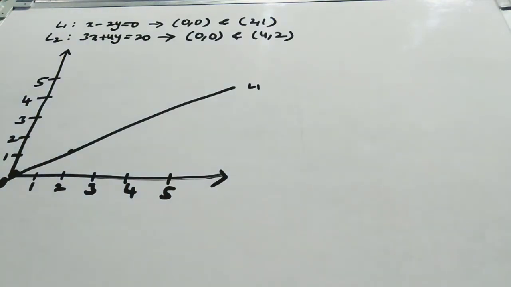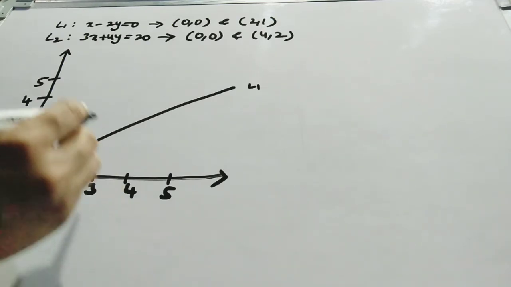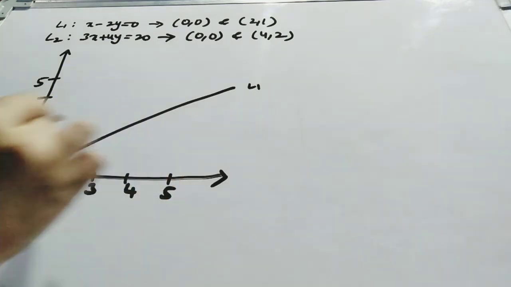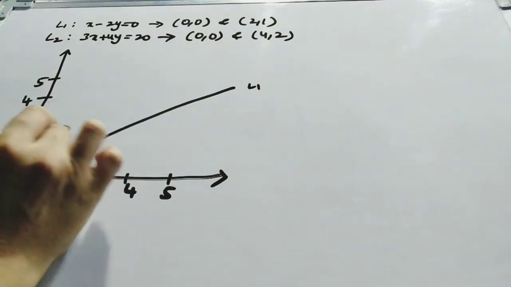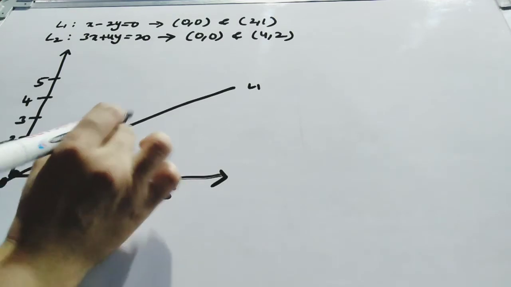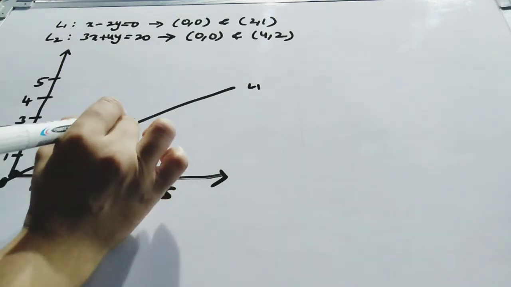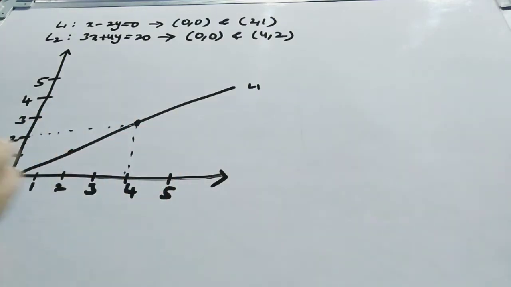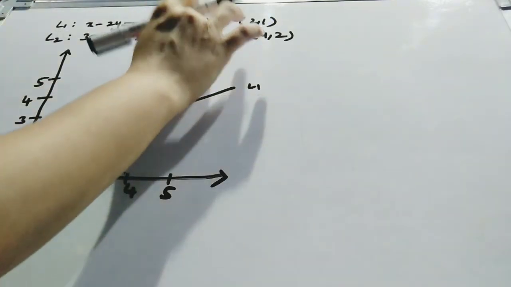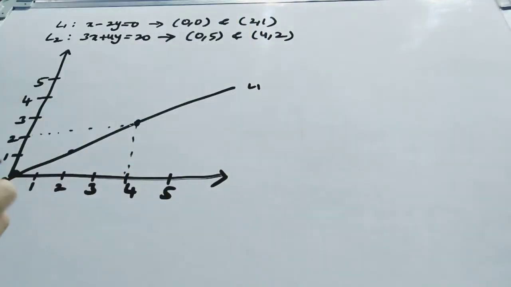Go for L2. The first point is not 0, 0, it is 0, 5.